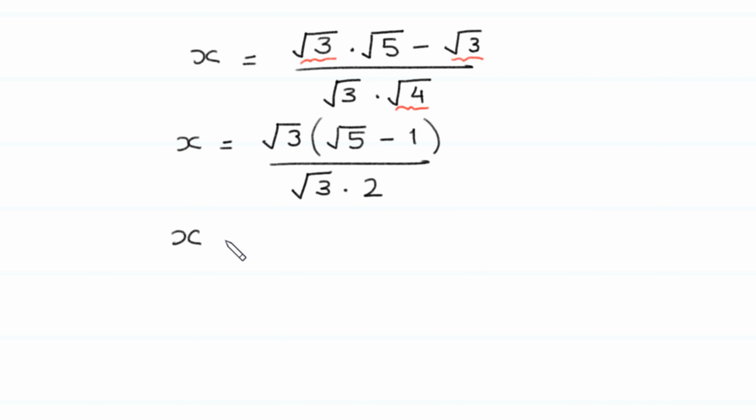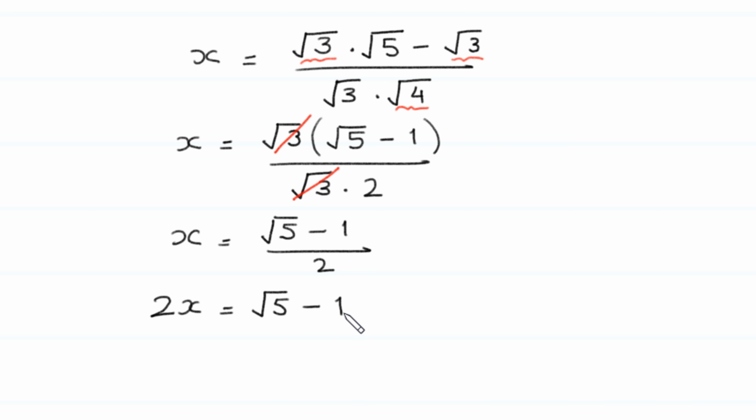Next, x is equal to, this square root of 3 will be cancelled with this square root of 3, and here left square root of 5 minus 1 divided by 2, and if we multiply both sides of this equation by 2, we get 2x is equal to square root of 5 minus 1.